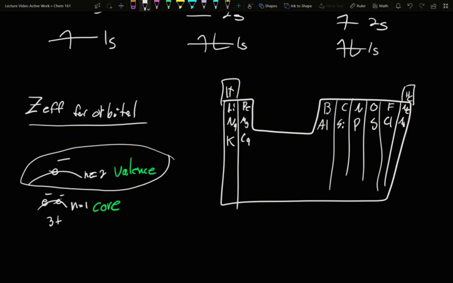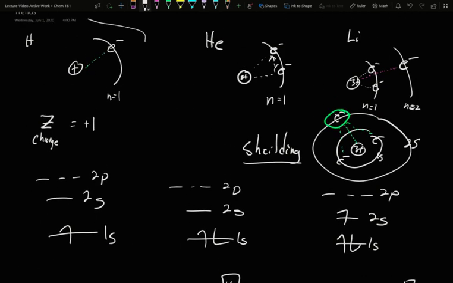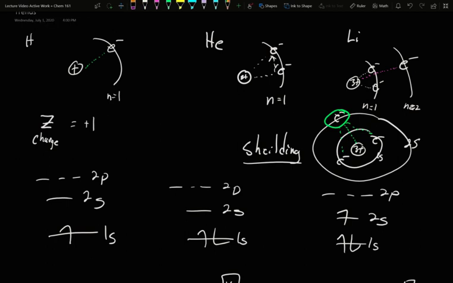Hydrogen, we said, saw just the nucleus. Way back up here with hydrogen, its electron had nothing shielding, so it saw the full nuclear charge. Helium, same deal. The 2 electrons, both in the n equals 1, we don't consider them to interfere with each other.